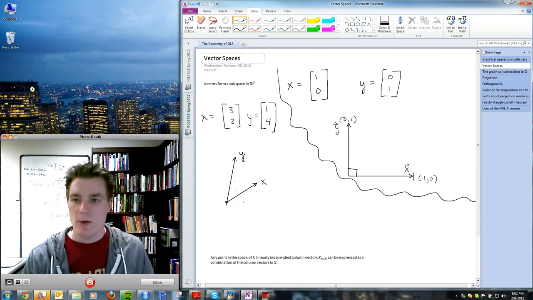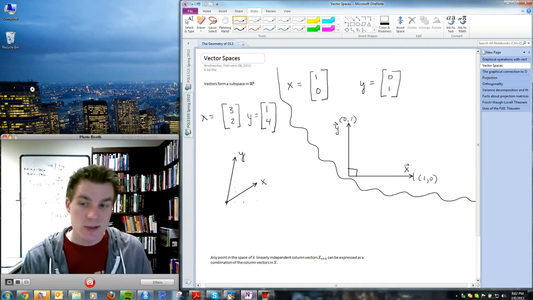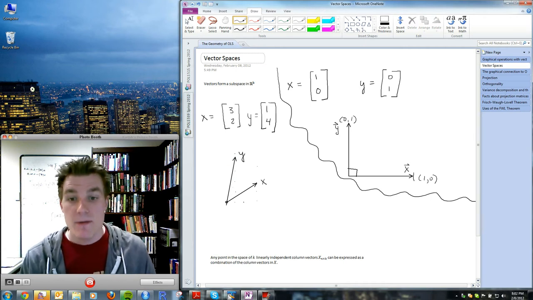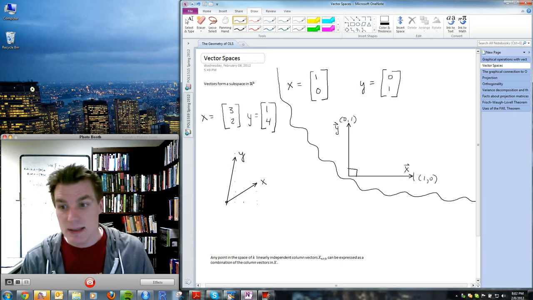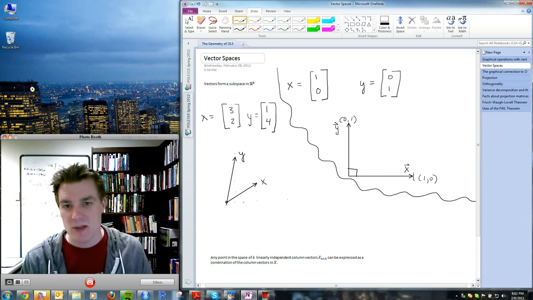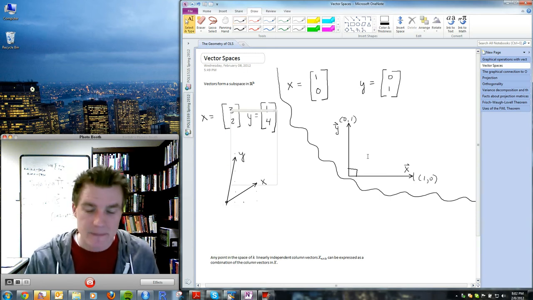This is also a subspace. You can see the angle between these two vectors is very obviously not a right angle, but this subspace is related to the first subspace we drew. These two things are related to each other, this here and this here.